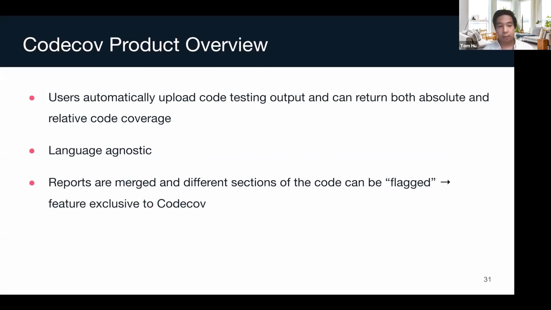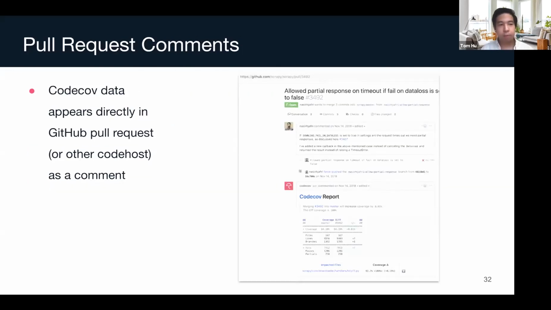Now, Codecov works by letting users automatically upload their code coverage reports, and we output both absolute and relative code coverage results. Now, this works for all metrics and coverage formats, and moreover, reports can be merged. But different parts of your code base can be flagged to give developers more information about the parts of their code base they care about. And we'll talk a little bit about that later.